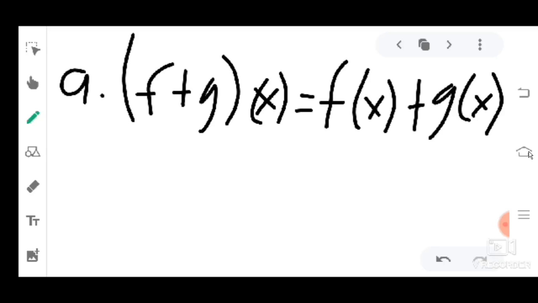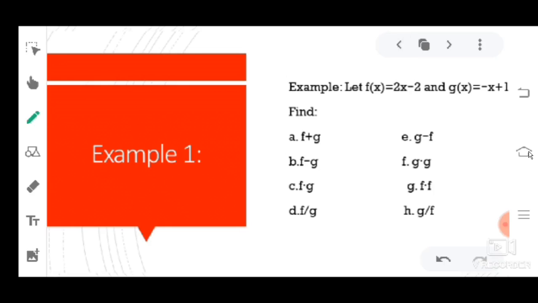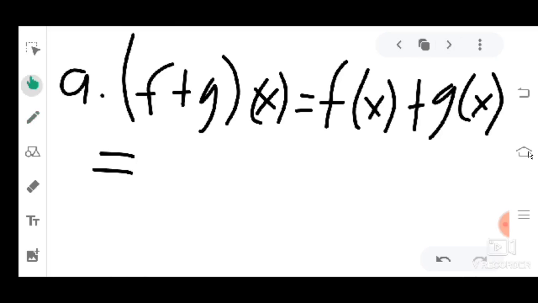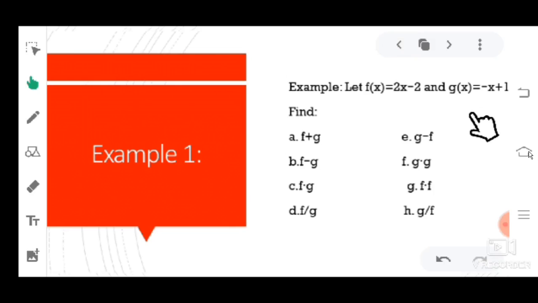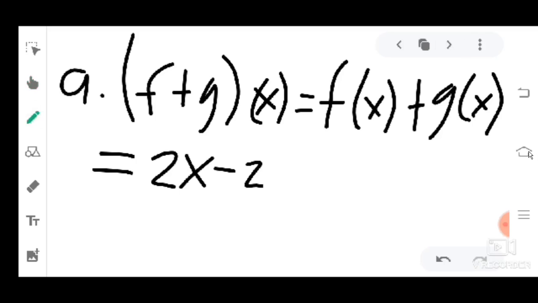And we all know in the given that f of x is 2x minus 2, so we can replace this by 2x minus 2, while your g of x is negative x plus 1, so you will have here negative x plus 1.